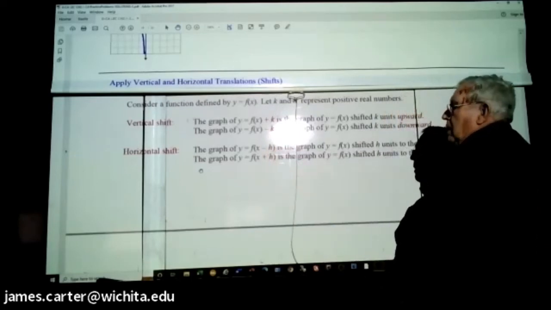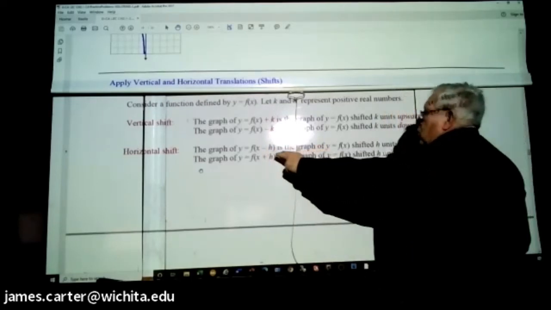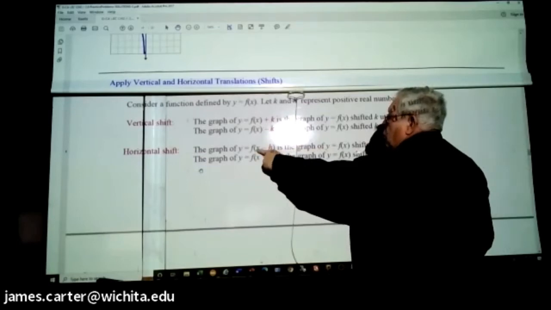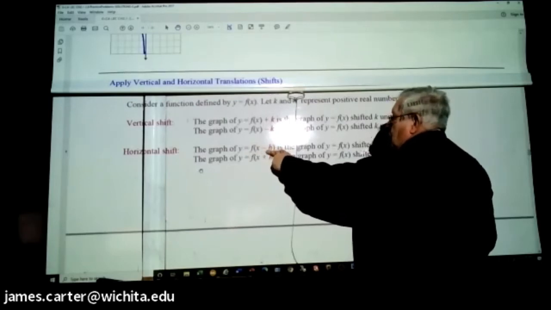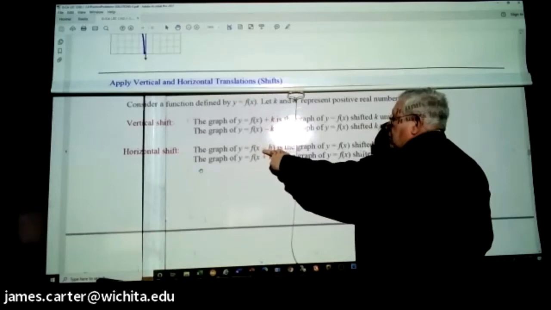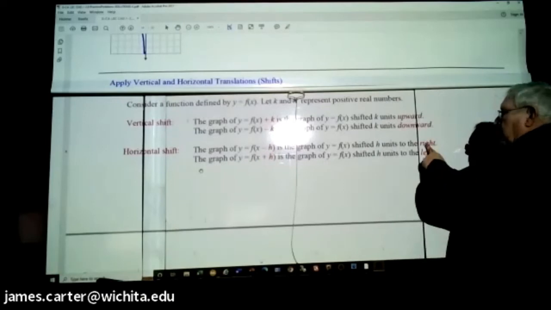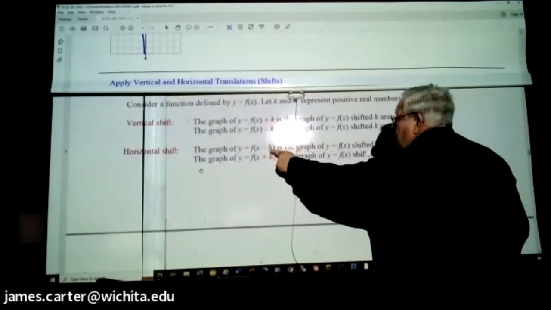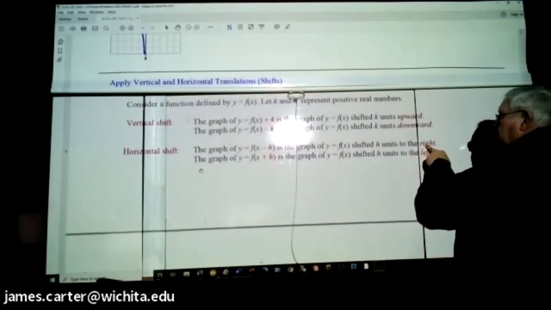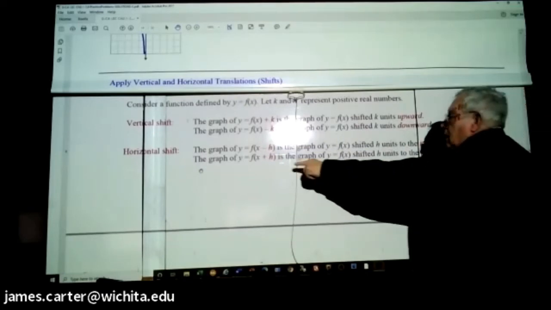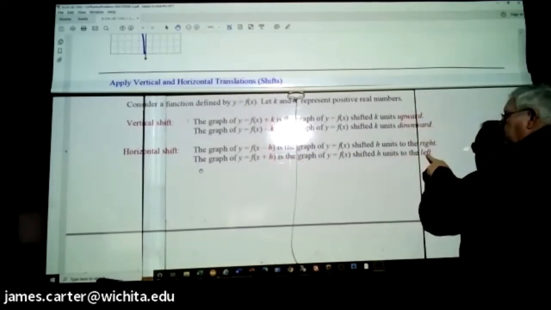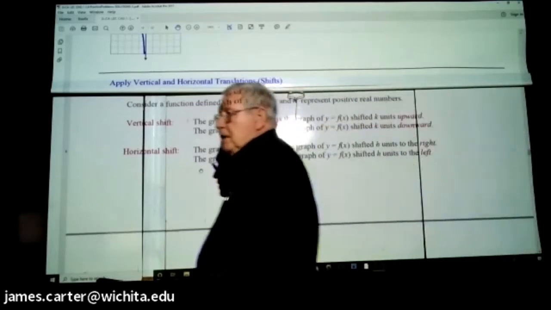Horizontal shift is where the value is included with the x in a parentheses, radical, or absolute value symbol. When it's included inside with the x, then it's going to shift it left or right opposite of sign. So a negative number would shift it to the right that many places. A positive value would shift it to the left that many places.